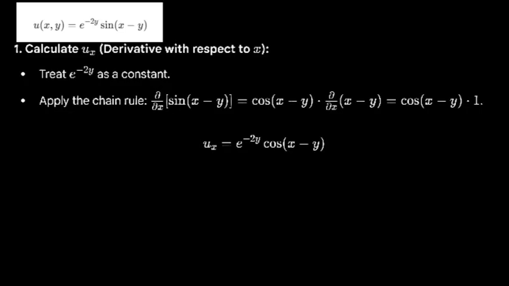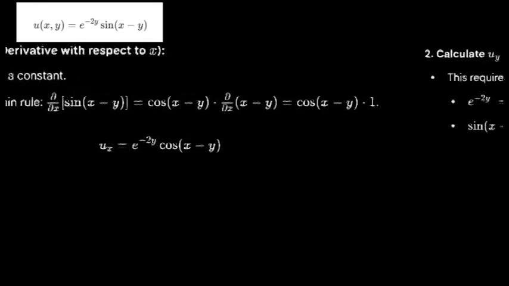Now, we have sin(x minus y), so the partial derivative is going to be cos(x minus y), multiplied by the derivative of x minus y. Since we are differentiating partially with respect to x, you're going to get 1, okay? I hope that's clear. So now ux becomes e raised to power negative 2y cos(x minus y). That's clear.